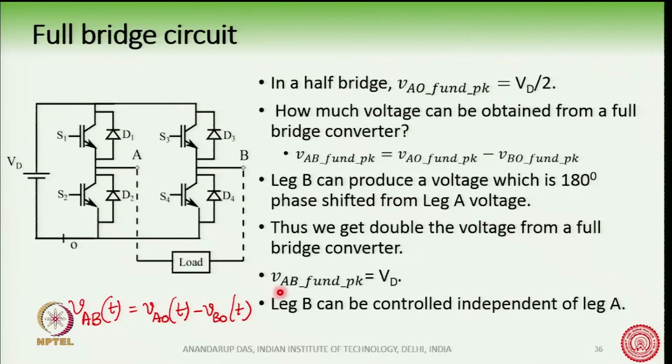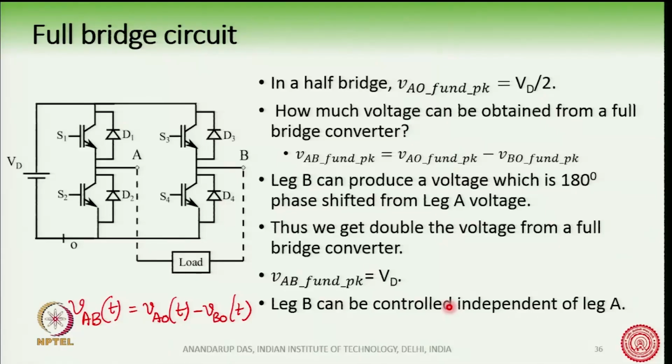Therefore, this is what is written here, VAB fundamental peak is VD, and this is exactly double the fundamental peak voltage produced from the half bridge. Okay. So, here we saw the half bridge is producing VD by 2, and here we see that the full bridge is producing a voltage of VD.